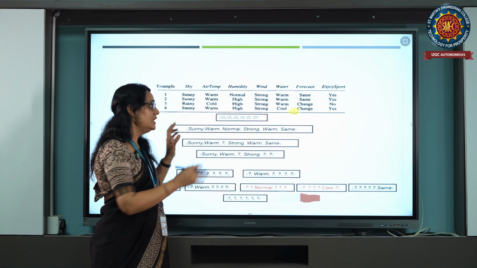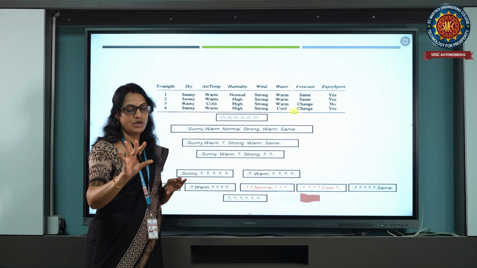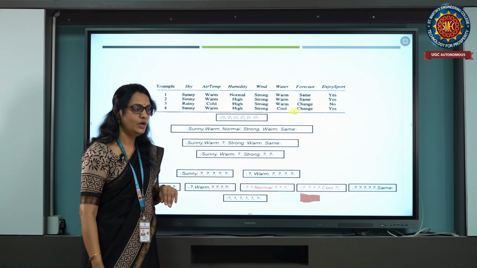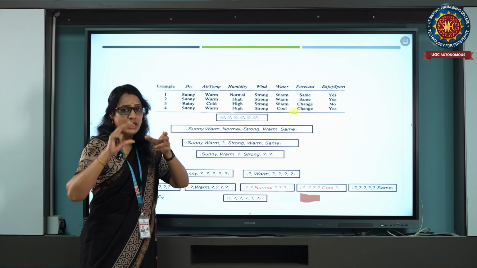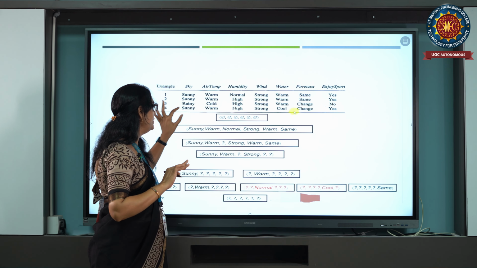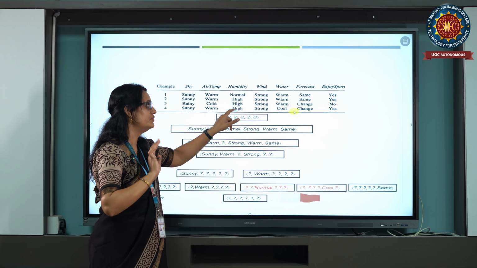You understood, right? In the table, to convert the negative example into a positive example, you have to change all the values. We have to write the opposite. If the negative example is rainy, you have to take sunny. If it is cold, you have to take warm. If it is high, you have to take normal.